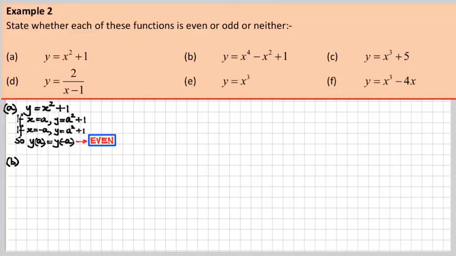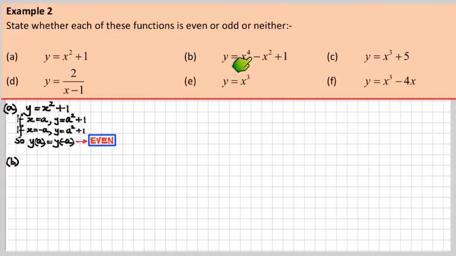Now, B, for you and me, this looks pretty yucky, doesn't it? However, ladies and gentlemen, to the trained eye, I can predict that this is even. And do you know how? Because I'm breaking this up into component bits in my head. I'm saying, okay, x to the 4 is a quartic, which is even.